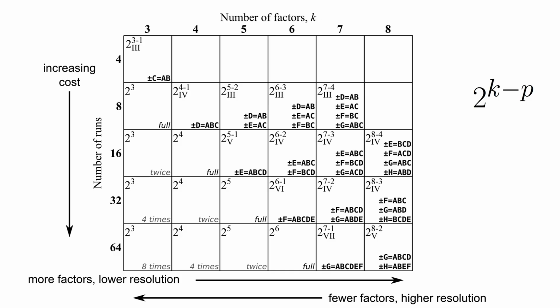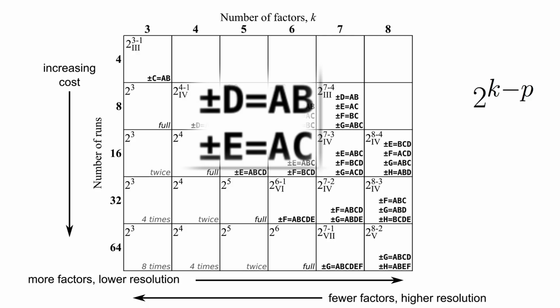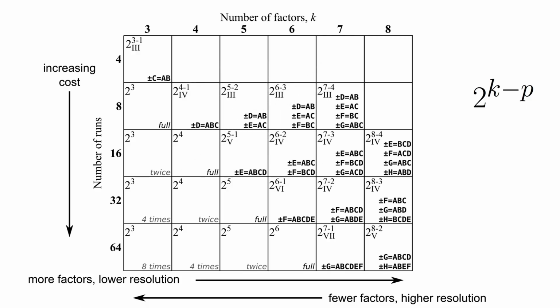Let's focus on these 2 other items in the entry. D equals A times B, and E equals AC. We call these 2 entries the generators because they tell us how to create or generate the D and E factors in our experiment. If you're being observant, you will notice that p coincides with the number of generators.